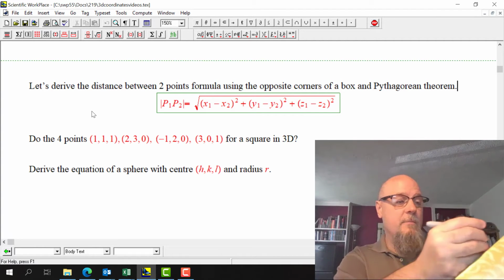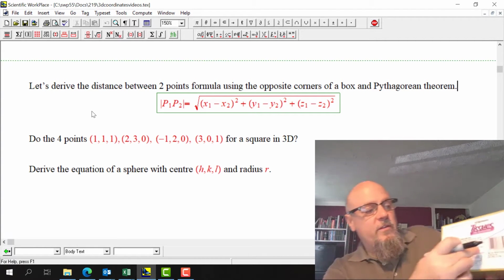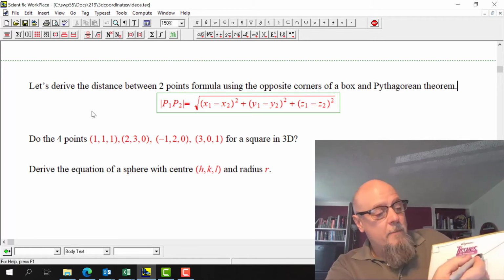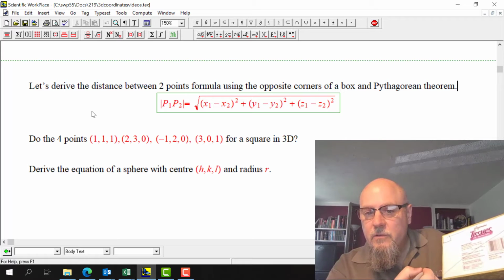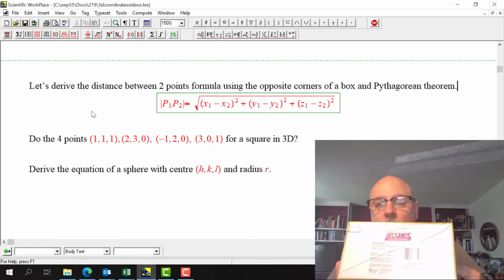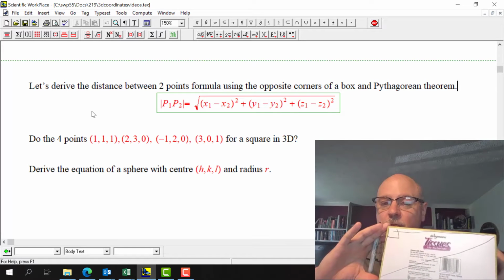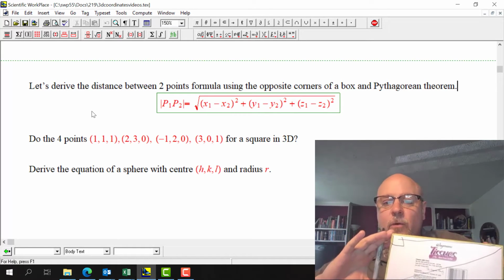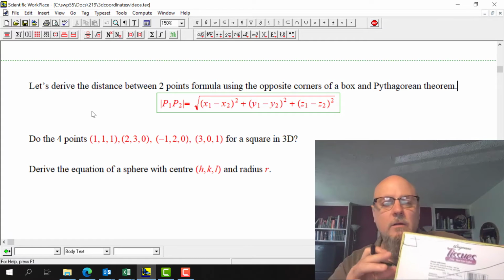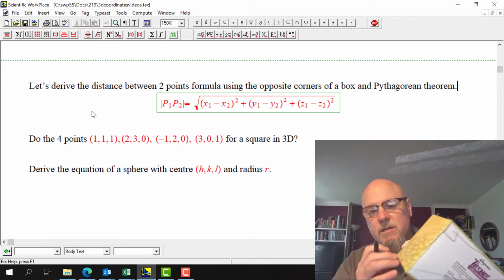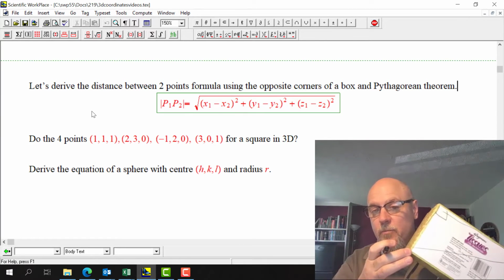So if I'm thinking about the distance between these 2 points, there's a right angle, so I can use the Pythagorean theorem. What's this distance here? Well, that's in the y's. It's the difference between the y component of one point and the y component of the other.